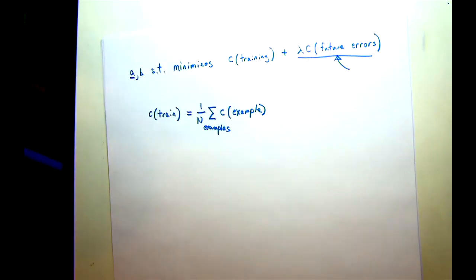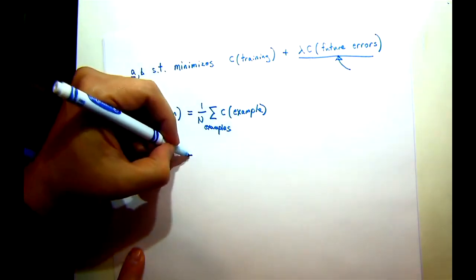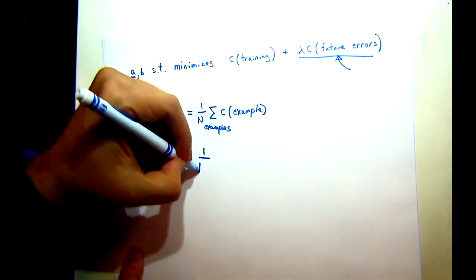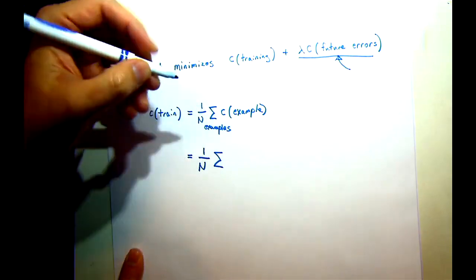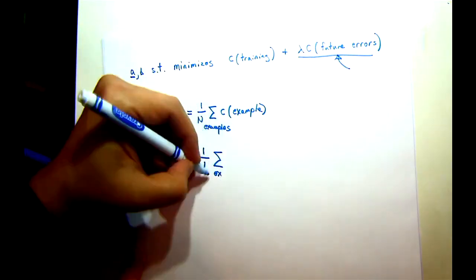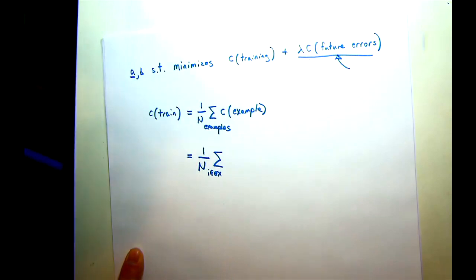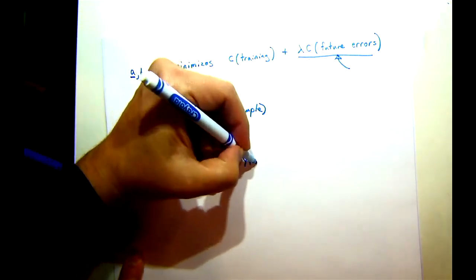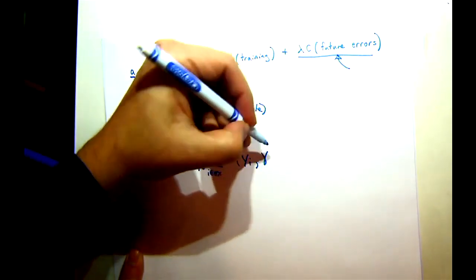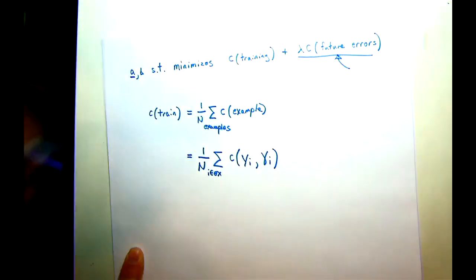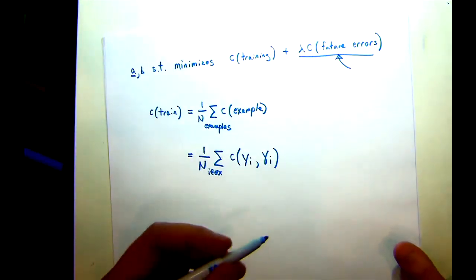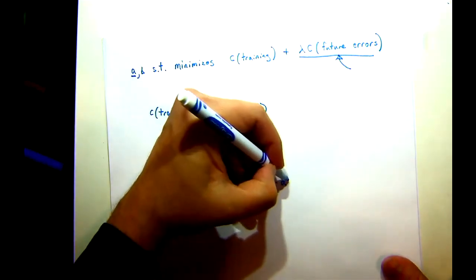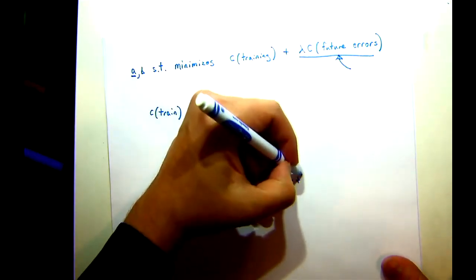And in this case, we will often write it like this: for i an element of the examples, we write the cost as the cost between the true label in the data and some gamma i, where gamma i is our a transpose x plus b.